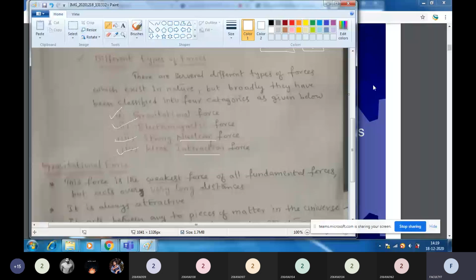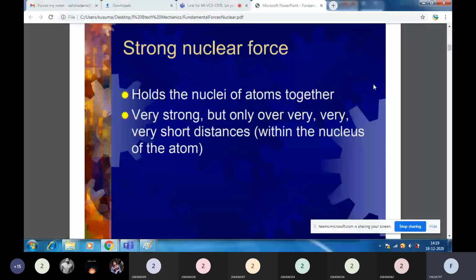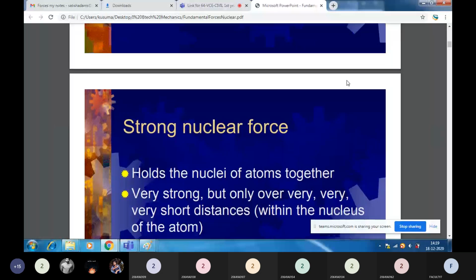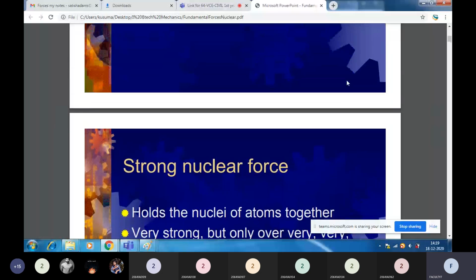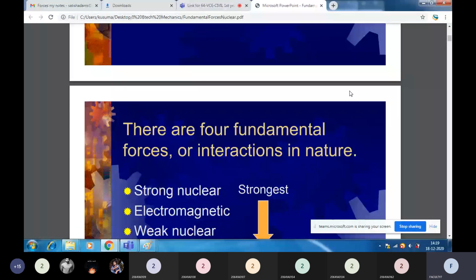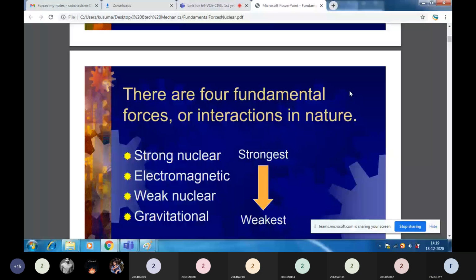Now that is shown here. In this particular slide we are speaking about nuclear force, which is strong. Let us go with the previous slide here. Out of those forces we had arranged the sequence here.